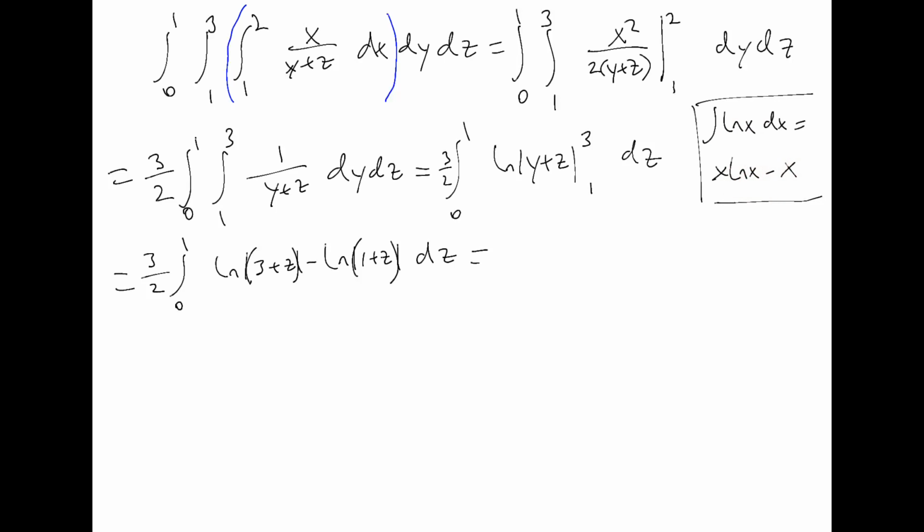Okay, so what we get is, for the first term we get 3 plus z times log 3 plus z minus 3 plus z, and then we have to subtract 1 plus z times log 1 plus z, and then we have two minuses, so we get a plus, so we get plus 1 plus z.